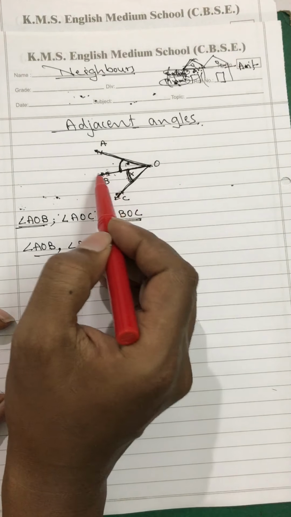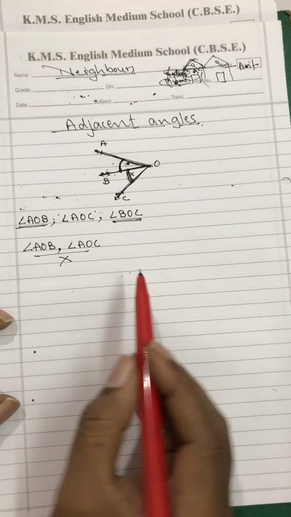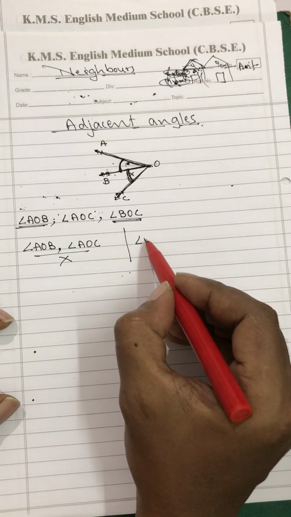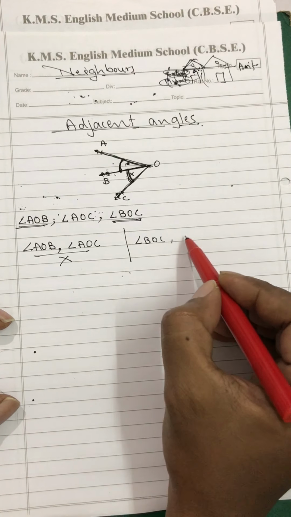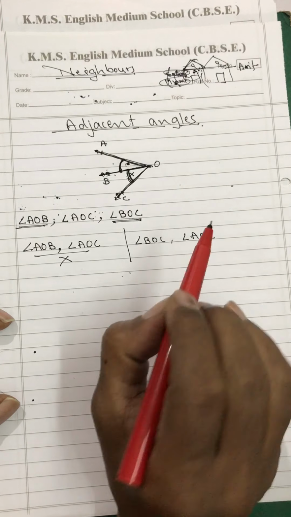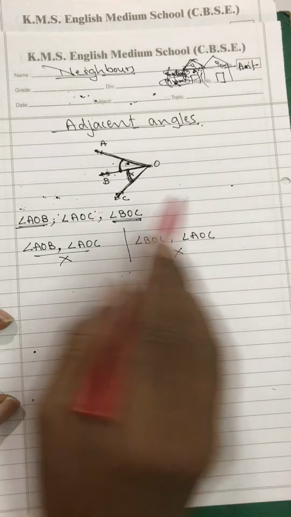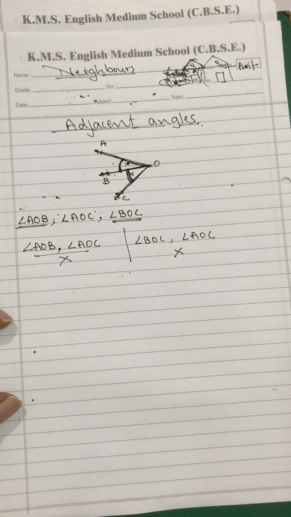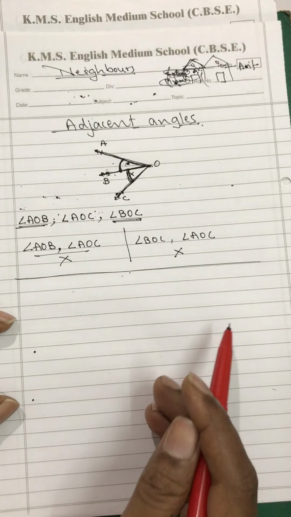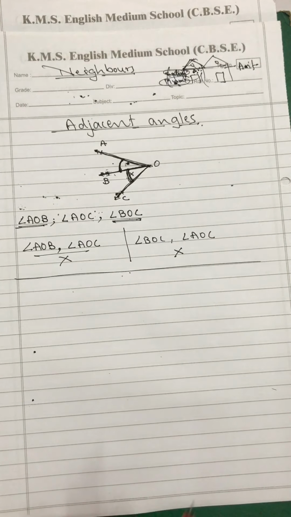Why? You can see angle AOB is inside angle AOC. Similarly, I cannot say angle BOC and angle AOC are adjacent angles. No, they are not adjacent angles, because angle BOC is inside angle AOC. Another method is there which teachers normally use; it is a technical method.